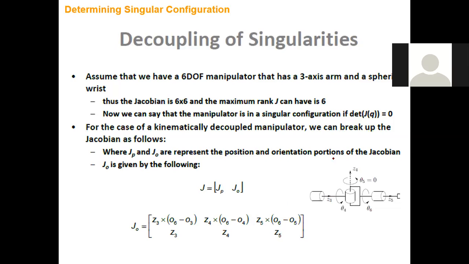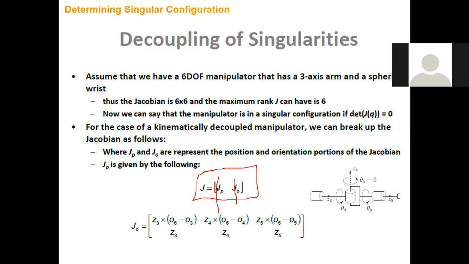So I'm just elaborating the Jacobian here. My Jacobian is JP and JO, where JP is the position part, as I said earlier, and JO is the orientation part.